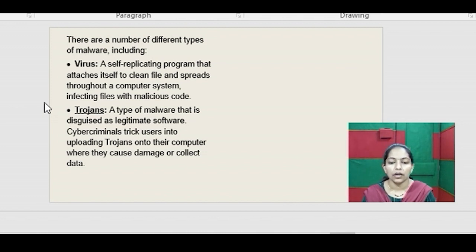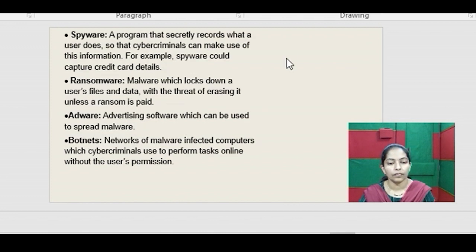Next are trojans, a type of malware that is disguised as legitimate or original software. Cyber criminals trick users into uploading the trojans onto their computer, where they cause damage or collect data.